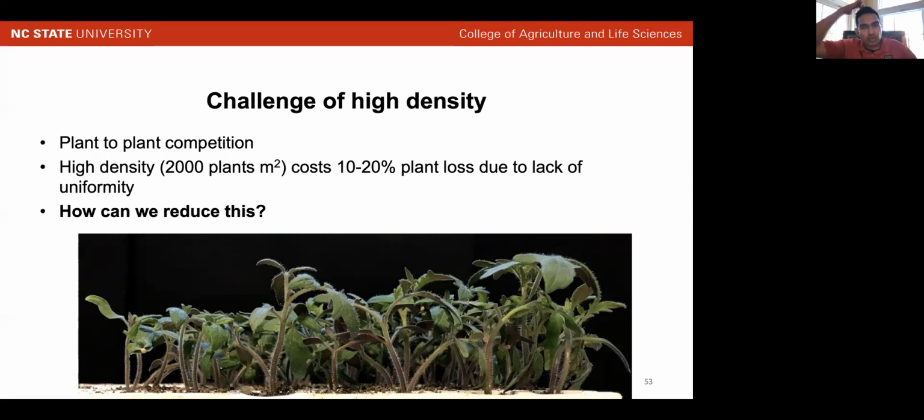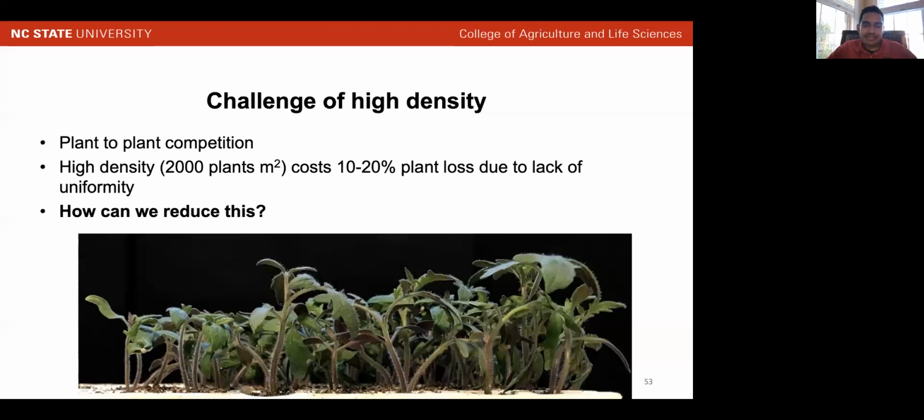Basically, you have plants that are too small and lower in quality because they were competing, they fell behind at the beginning, and they never caught up. Now, if you translate 10 to 20% plant loss in some greenhouse cultivars where a seed may cost you 50 cents per seed, that's a lot. This may not be a problem if you're using more affordable seed, like the one used for field production.